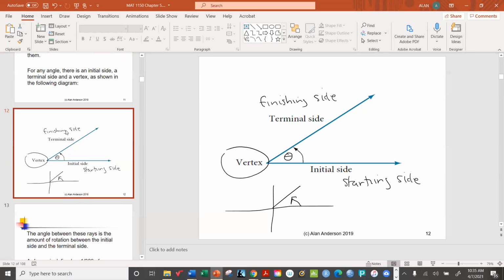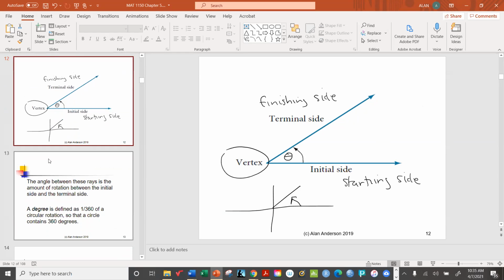All right, this is just terminology. We don't have to worry that much about it, but when you run into these terms, you do need to know what they're referring to. So basically, you can think of the angle as the rotation.